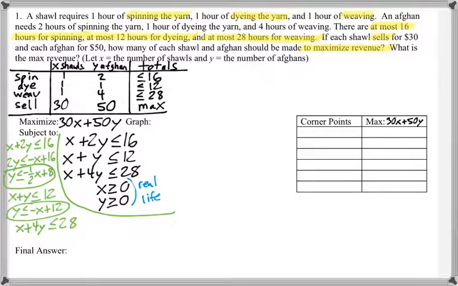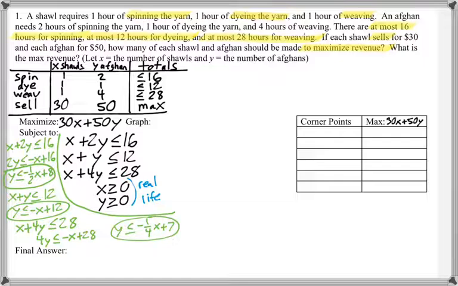I want to subtract x from both sides, and then divide both sides by 4. So y is less than or equal to negative 1/4 x plus 7.